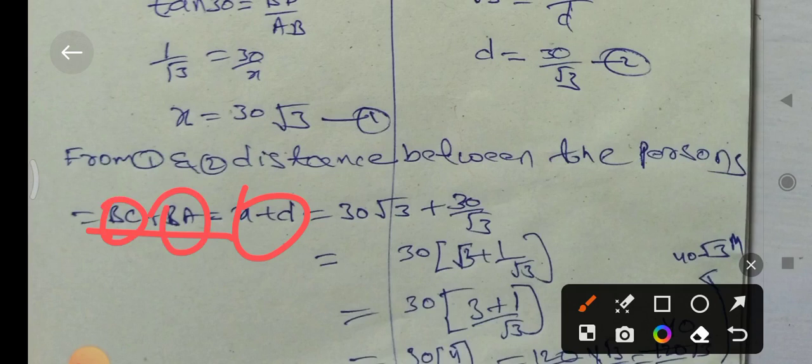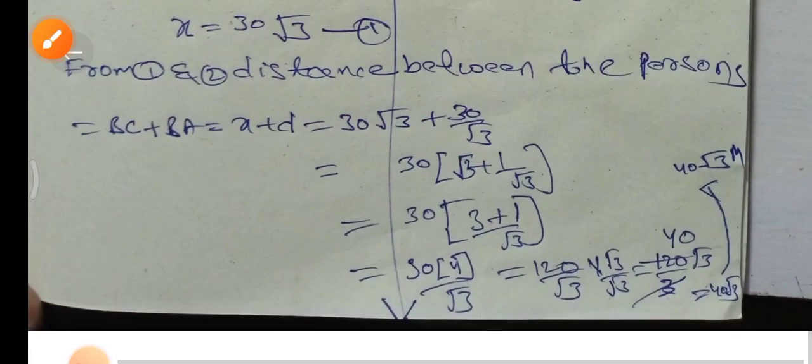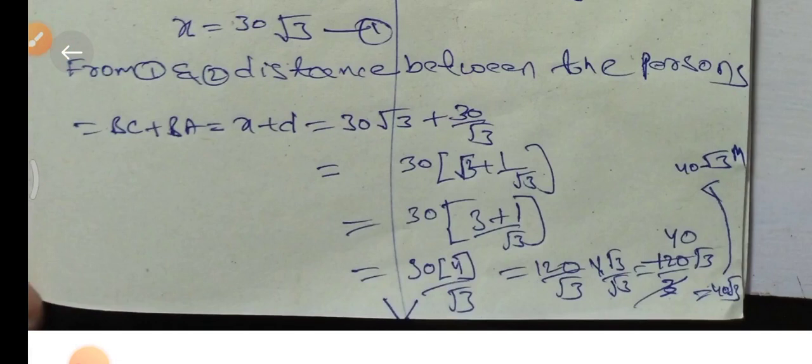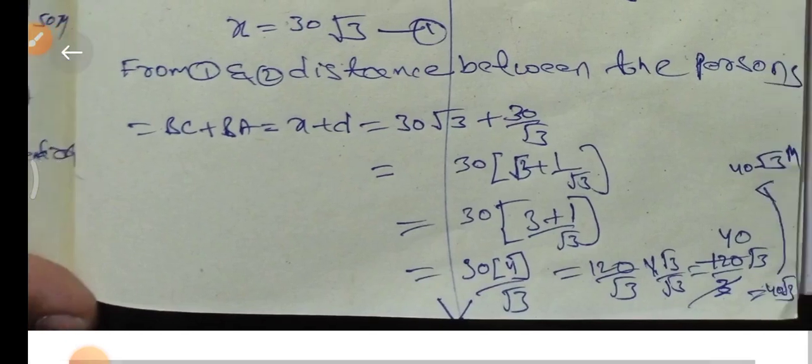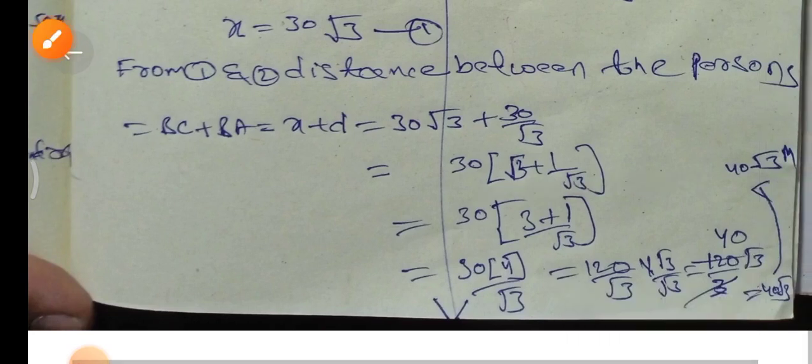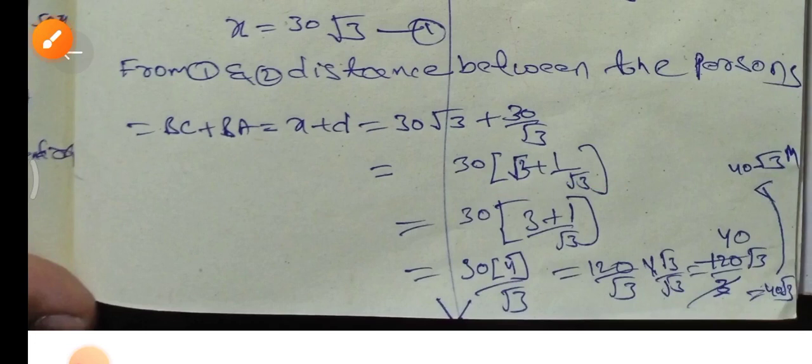BC is 30 into root 3 and BA is 30 by root 3. Taking 30 common, 30 into root 3 plus 1 by root 3, which is 30 into 3 plus 1 by root 3. The LCM here is root 3.